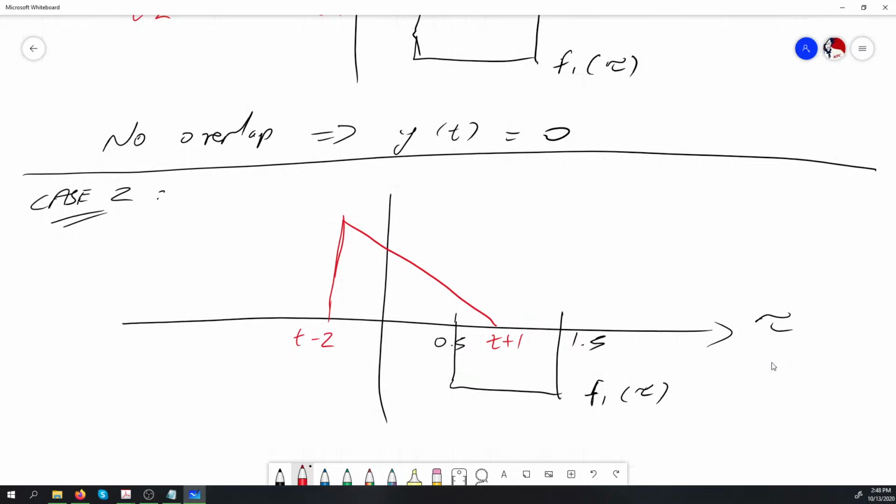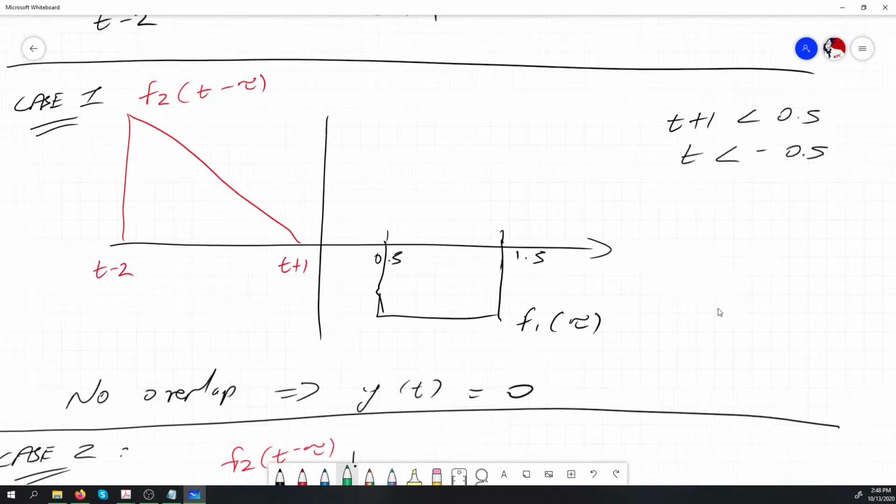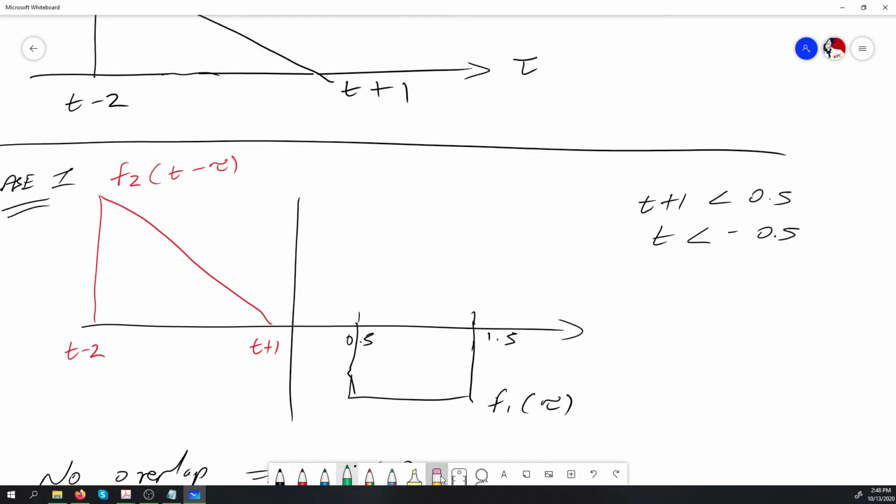This here is t minus 2, being f2 of t minus tau here. And our overlap between the two signals is in this part here only. Yes, sorry. Yeah. So this part here is going to be t. Yeah. Thanks for that correction.